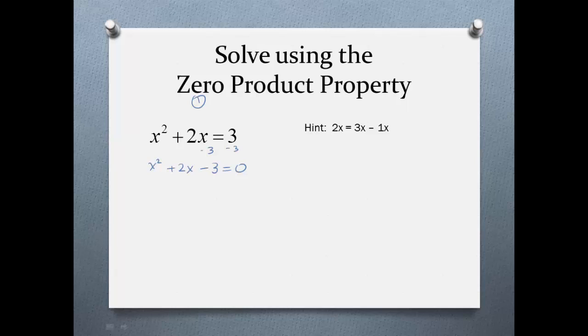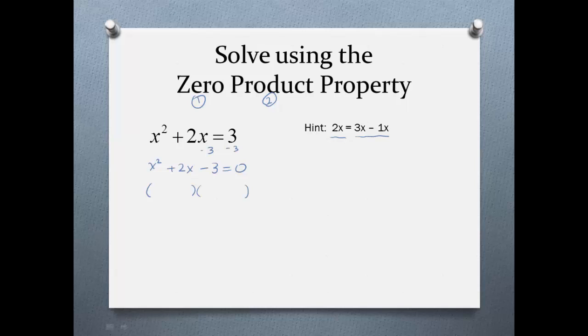The next thing I need to do is rewrite it as a product, which involves factoring. Now this is a trinomial, and to factor a trinomial, I know that that typically comes from two binomials, and we have a little hint over here that this 2x came from a 3x minus 1x.